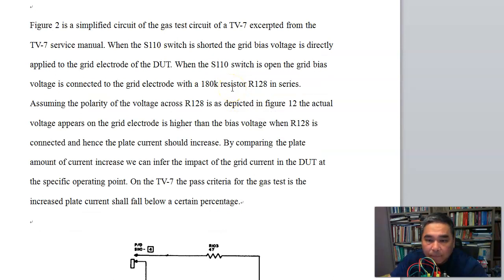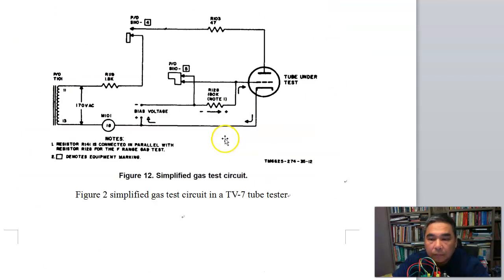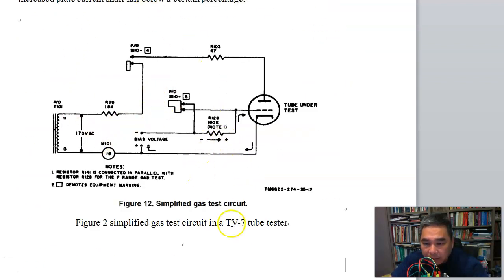Okay, so firstly, here we want to check how the gas test is done in a TV7. Figure 2 is a circuit excerpted from the TV7 service menu. Here is a simplified gas test circuit in TV7.